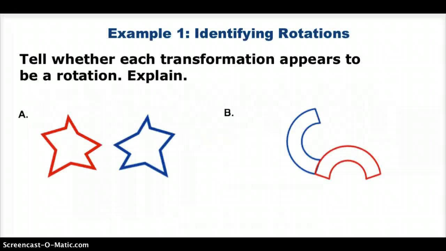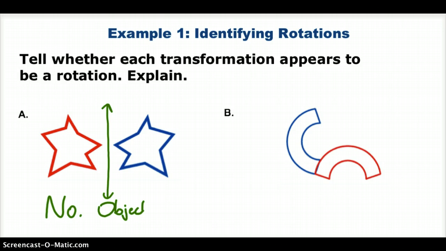All right, so let's just look at a couple examples here. Very simple. It asks us to tell whether each transformation appears to be a rotation and then explain. All right, for part A, we have this messed up looking star from red to blue. It doesn't really look like this turns around a fixed point. In fact, it looks like it is reflected about this vertical line here. So I would say no on this particular one, and maybe just say that our object appears to flip.